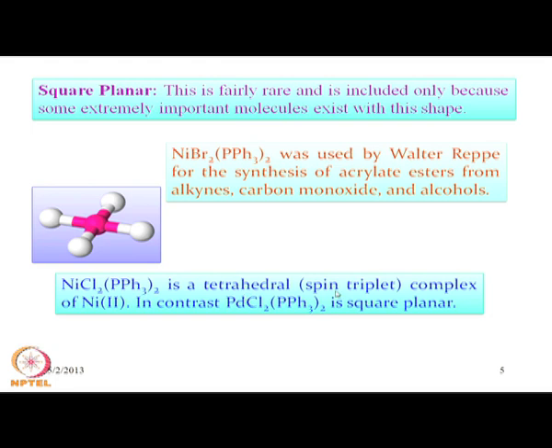So, these are basically the clues. If we are able to measure experimentally whether the complex is in the spin triplet form or the spin singlet form, we can infer immediately the coordination number as well as the geometry for these molecules, whether it is a nickel compound of coordination number 4 or a palladium compound of coordination number 4. Okay, thank you very much.